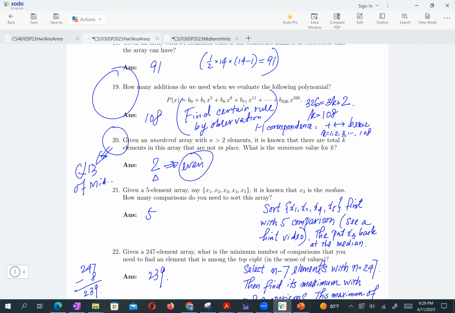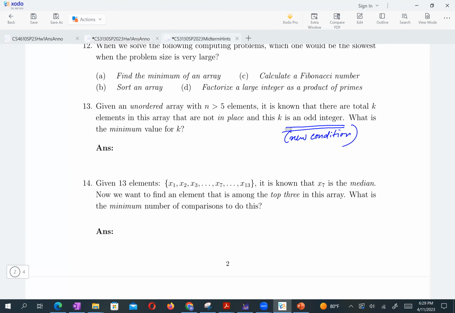So you need to look for a new answer with this new condition. How simple it is. Think about how simple it is. So the bottom line, you cannot use our old answer. That's wrong. So what is the new answer?